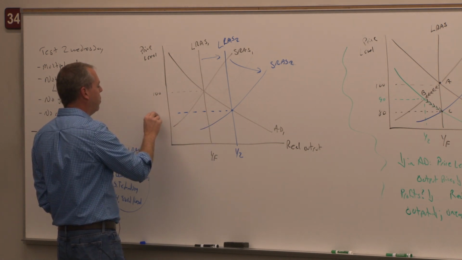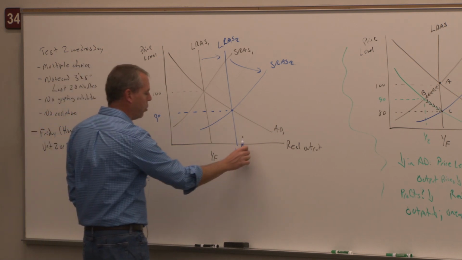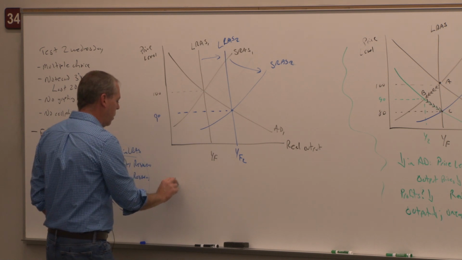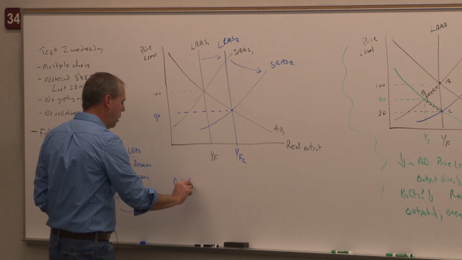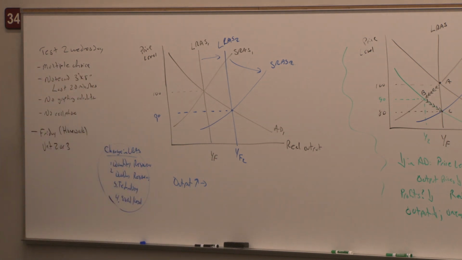And so we have this increase. I'm going to call this YF2. We see that output increases. But which type of output increases?